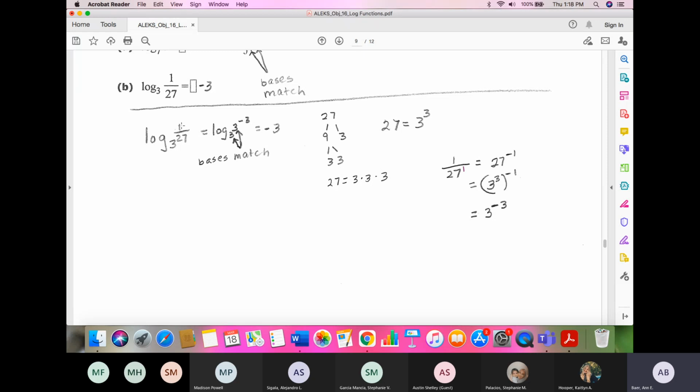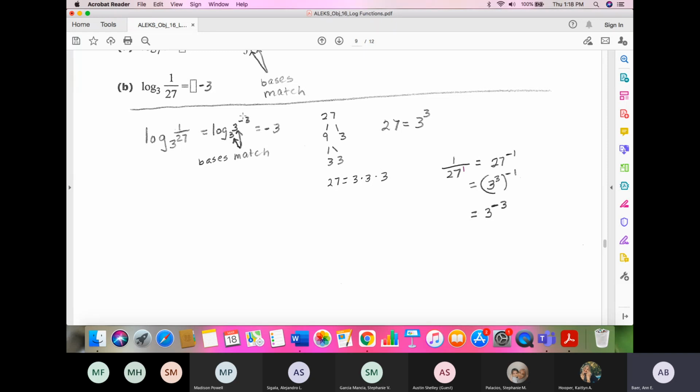So 1 over 27, we're going to take out right here and replace it by 3 to the negative 3. This base stays, this 3 stays. Then this 1 over 27, we replaced it by 3 to the negative 3. That's these guys up here.